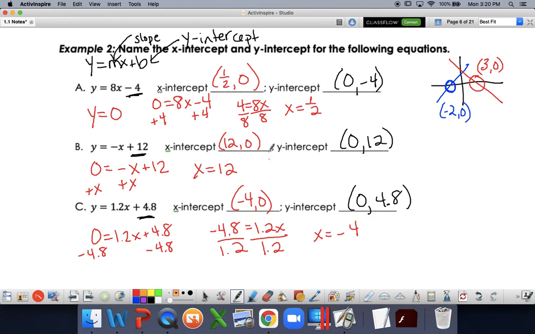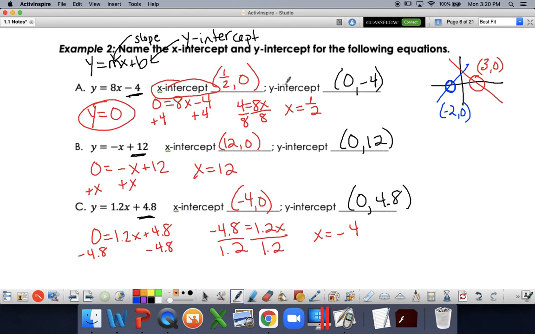All right, so we just went ahead and solved our x-intercepts and y-intercepts, but what if my equation is not in y equals mx plus b form? What if I need to find my y-intercept without relying on y equals mx plus b? Well, the same way that for my x-intercept, right, these two were tied together, x-intercept, y equals 0.